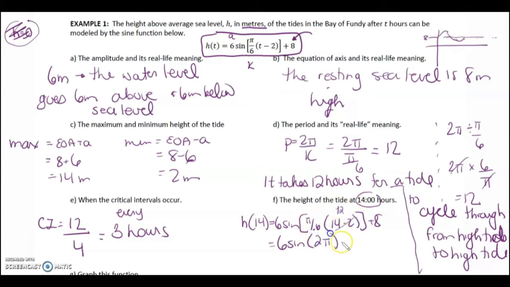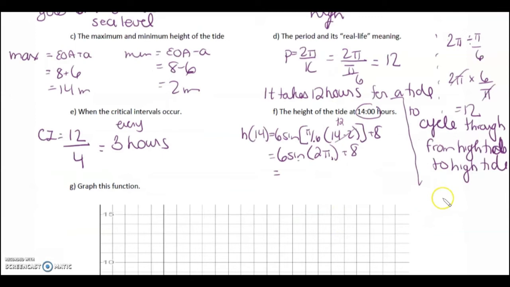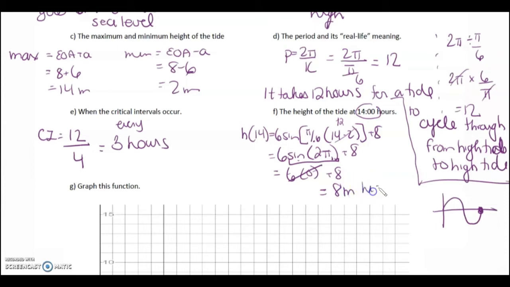I get 2 pi, and then plus 8. Sine of 2 pi, well, we know that value because you can just draw sine. Sine of 2 pi is 0. So this entire sine 2 pi is going to be 0. 6 times 0 is 0. It's 8. So at 2 o'clock in the afternoon, or 1400 hours, it's going to be 8 meters high.